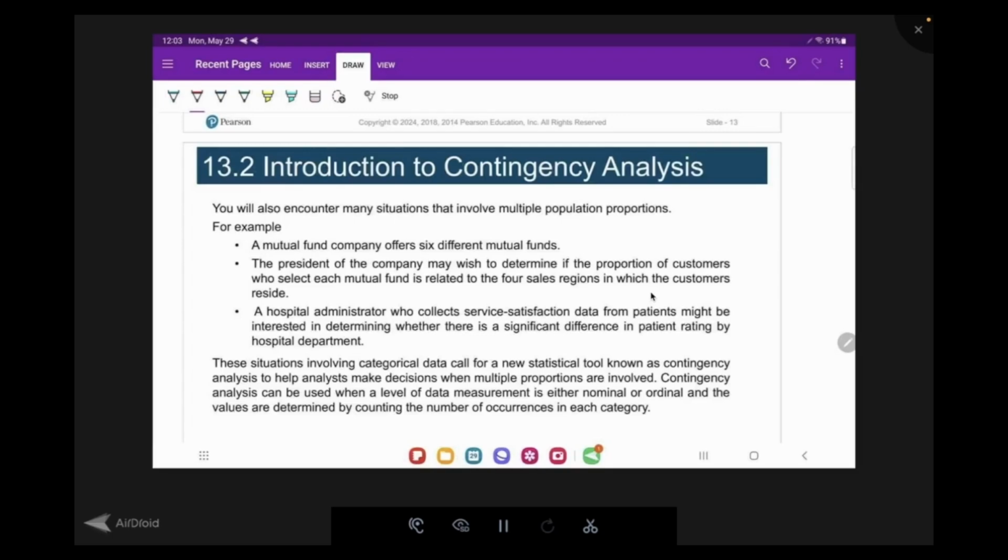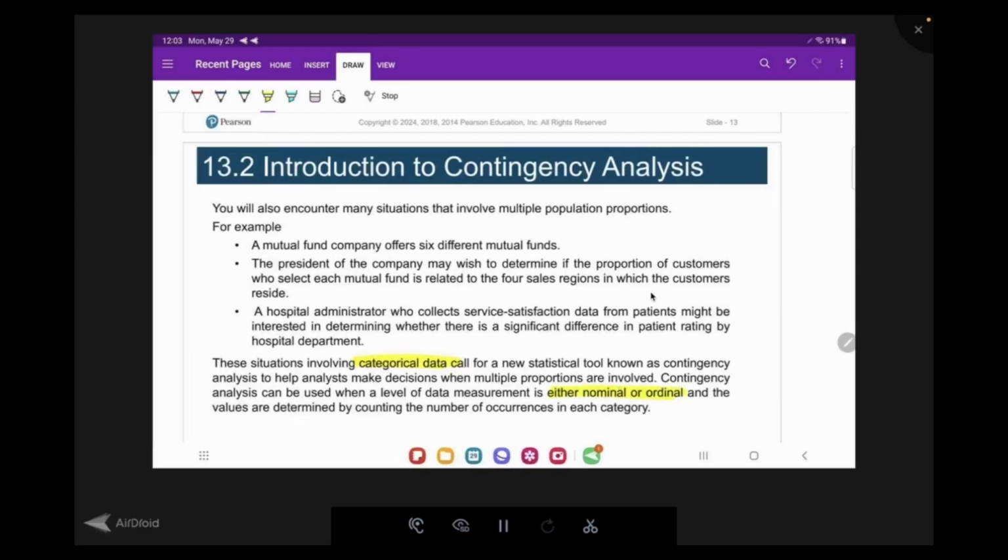So all of these involve categorical data, qualitative data. That's why we have to use something called contingency analysis. That helps the decision makers to make decisions when we have multiple proportions. And the level of the data for the contingency analysis has to be nominal or ordinal, categorical data.